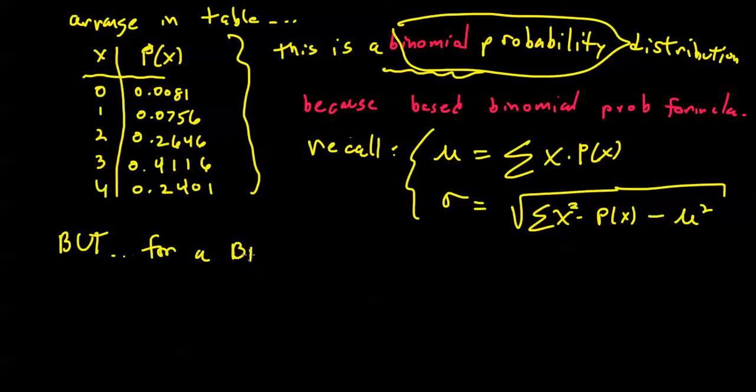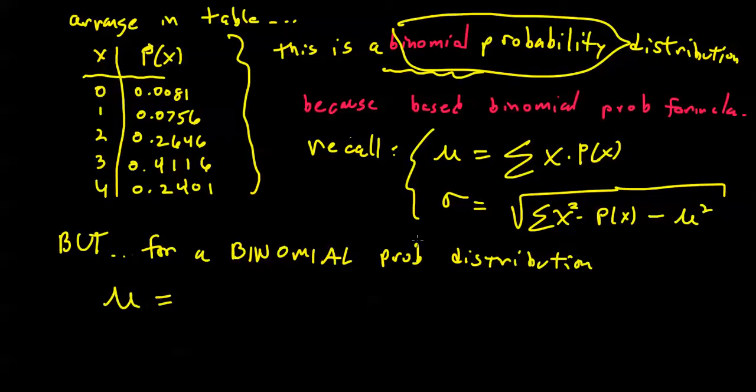For a binomial probability distribution, mu, which heretofore has been figured out with summation x times p of x, is simply your number of trials times the probability of success in any one trial, little p.